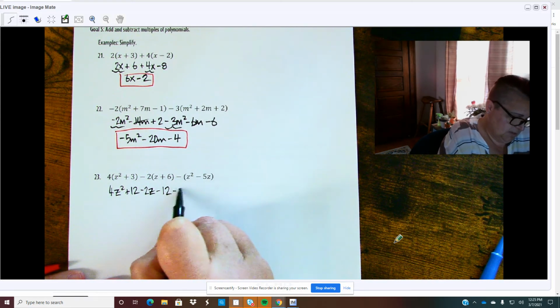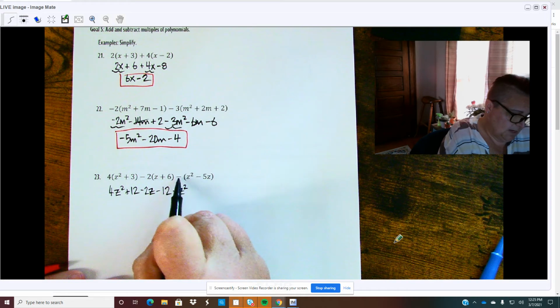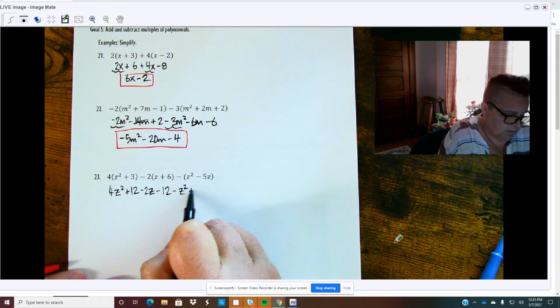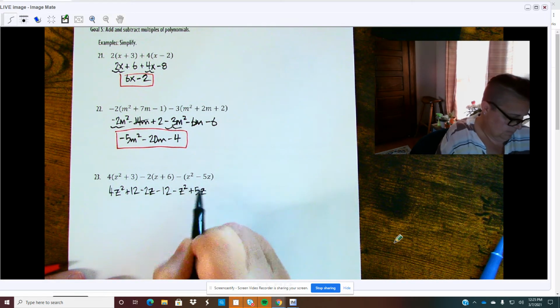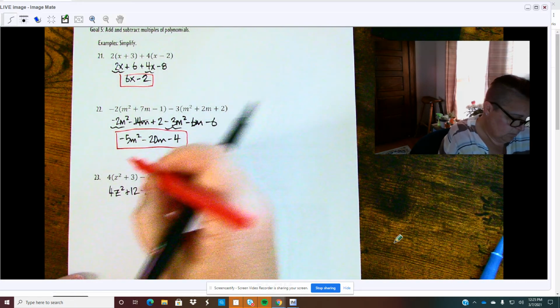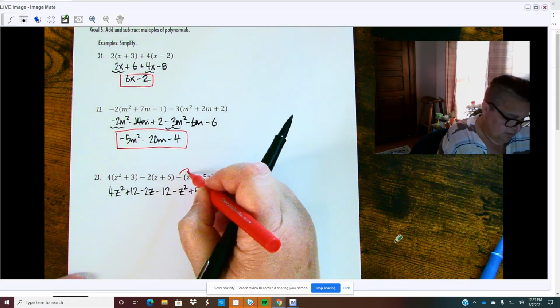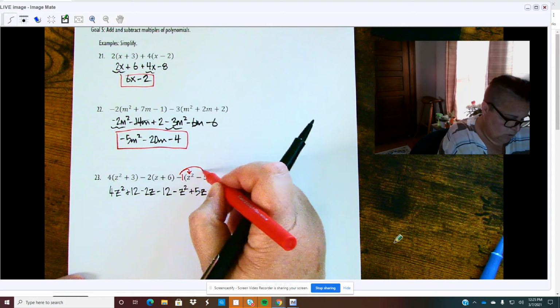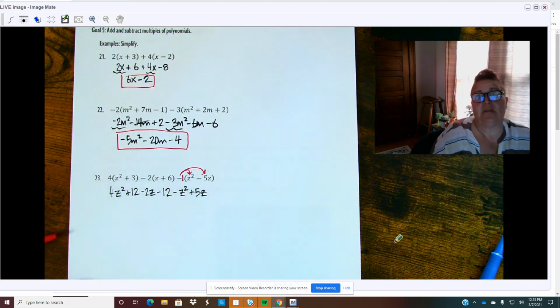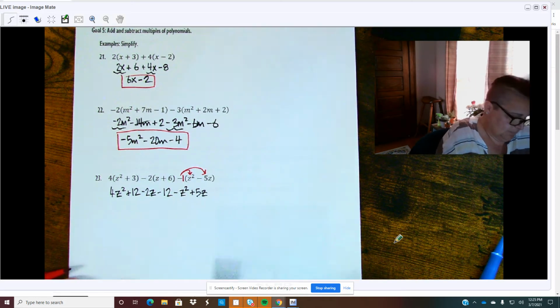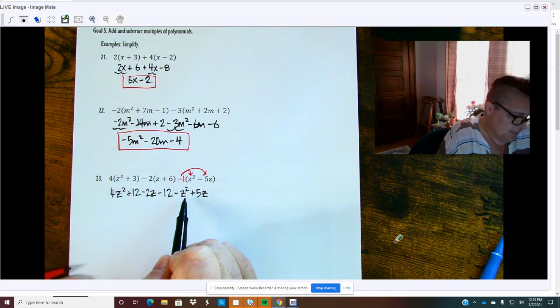So that's going to be a minus z squared. And then minus a minus 5z is the same as plus 5z. So I'm effectively distributing a minus 1 there, if you like that particular thought process better.